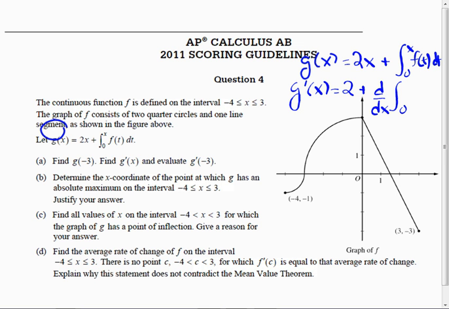This is the other half of the fundamental theorem of calculus. What does a derivative do to an antiderivative? It cancels. So what's g prime really equal to? It's equal to 2 plus f of x. So actually, f of x is part of the derivative of g. And that makes this hard. It's a lot easier without the 2x there.